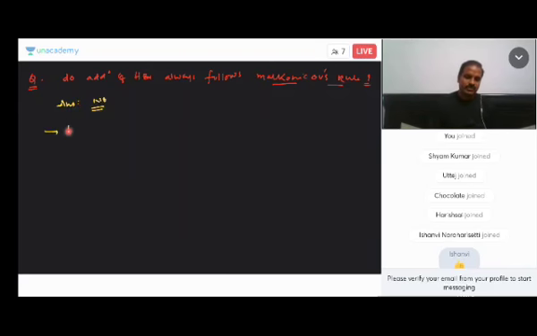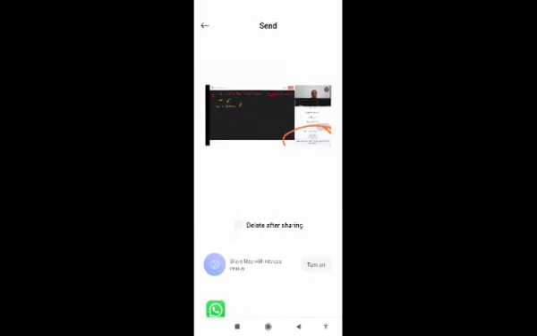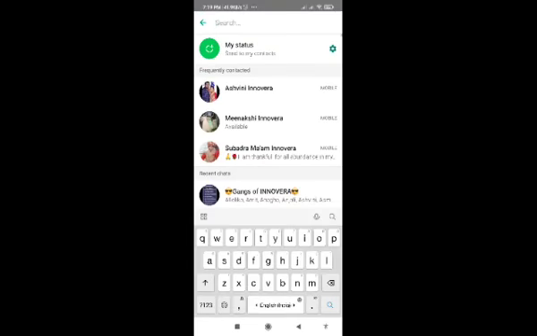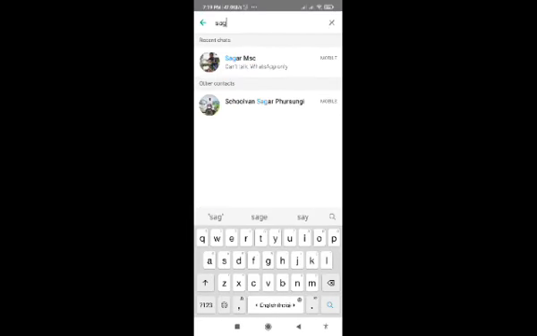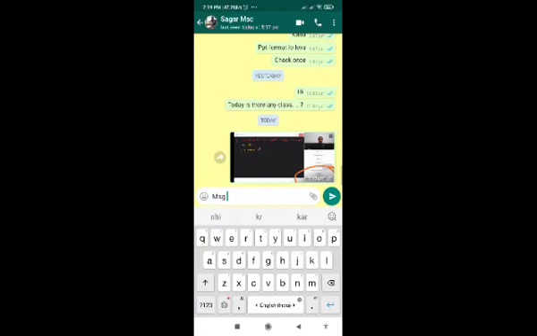Because you can write here: in the presence of peroxides or light, addition of HBr to an unsymmetrical alkene follows the anti-Markovnikov rule.